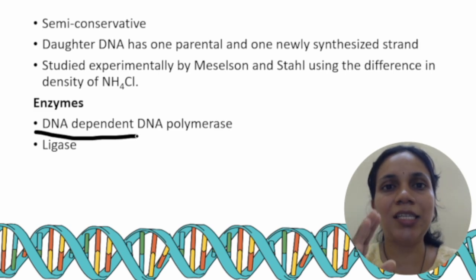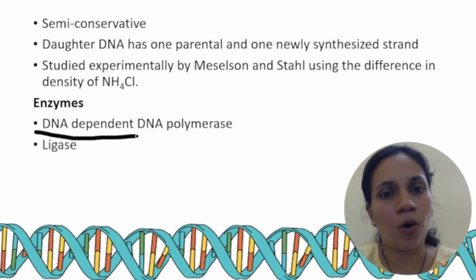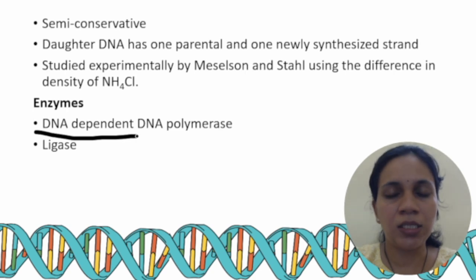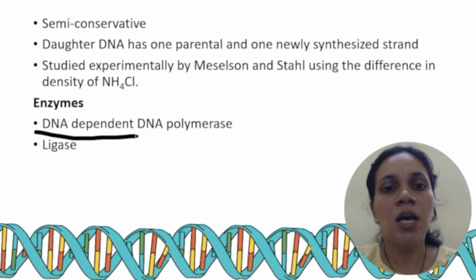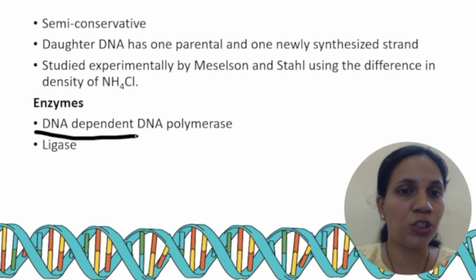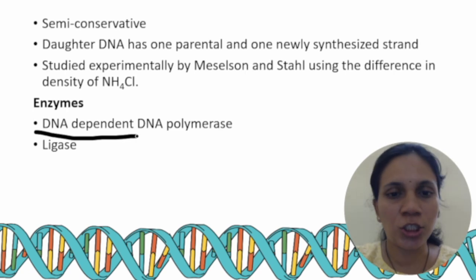So that's the reason it is DNA dependent DNA polymerase. Apart from this, there are many other enzymes, but in your NCERT syllabus, only two have been mentioned as far as DNA replication is concerned. But I will mention some so that you can just remember it for your information.